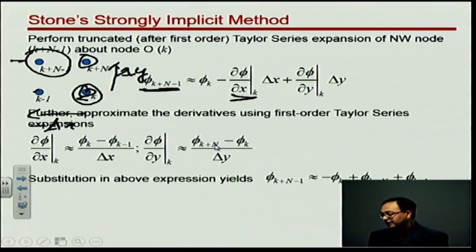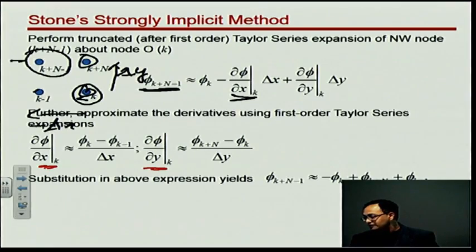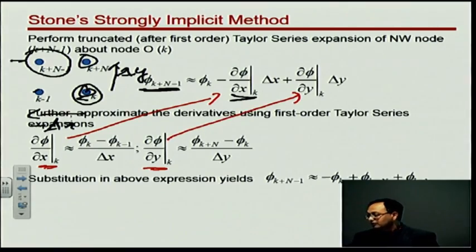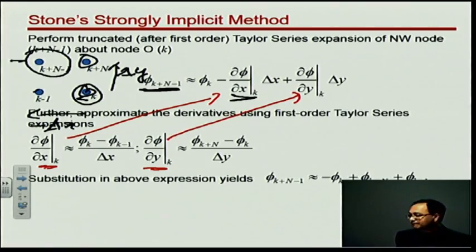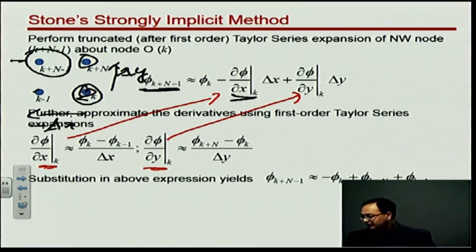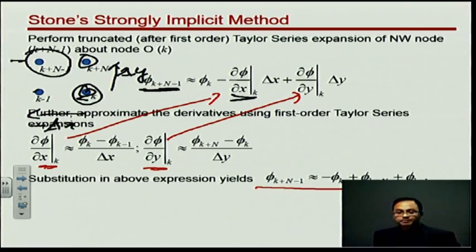So if I now take these two guys and plug them in here, into those two spots, this is the final expression I get. So phi k plus n minus 1 has been expressed in terms of these 3 nodes.